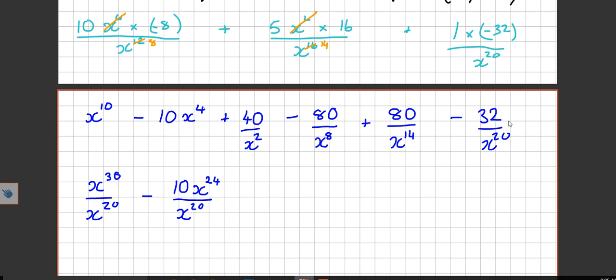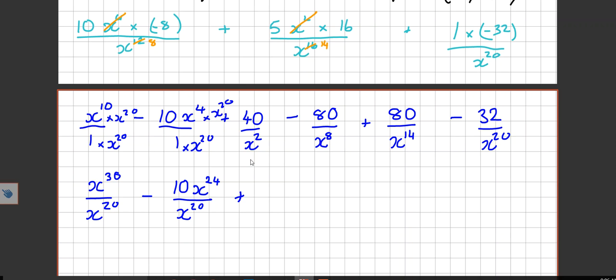Okay. So remember, to find an equivalent fraction, you multiply the top and the bottom by the same. So if I consider that to be over 1 and that to be over 1, if I multiply by x to the power of 20 to get what I want, I also have to do that on top. And you do that, you add the powers. So the same with this one, I had to multiply by x to the power of 20, therefore x to the power of 20 there, which add the powers.